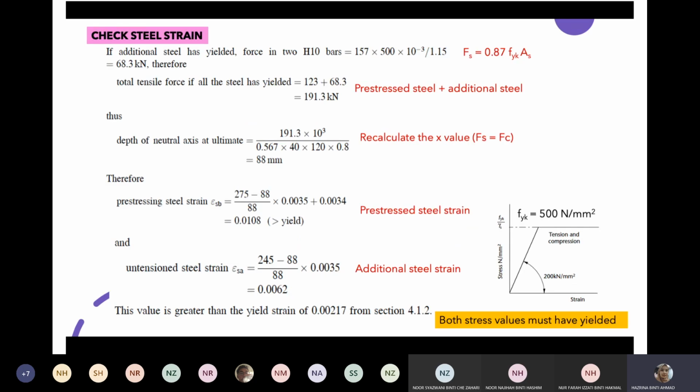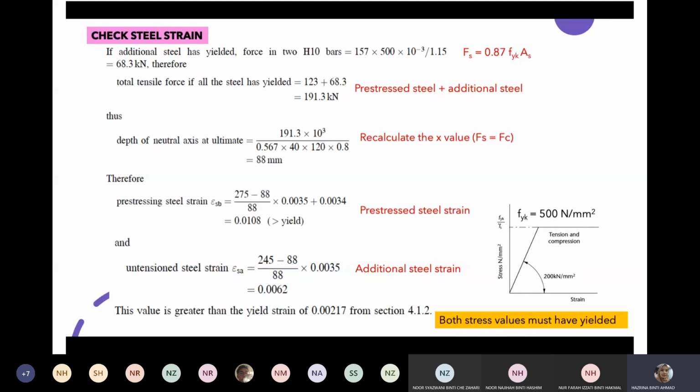Once we have determined the reinforcement to be provided, what we have to do next is check the steel strain. Since we now have the additional steel, we have to calculate the strain for both reinforcements.